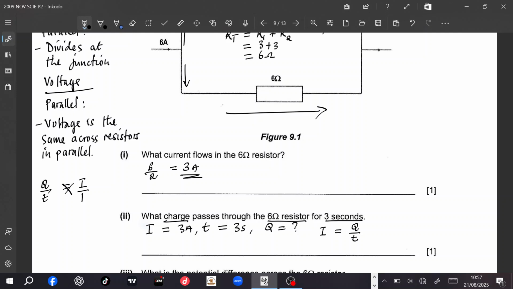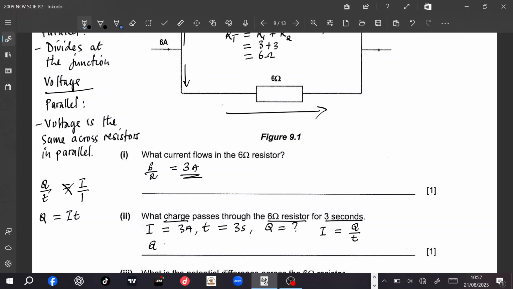You say Q times this 1 down here, you get Q, which is charge, equals time times current, T times I, it will be I T, like that. Meaning this is your formula for finding charge.